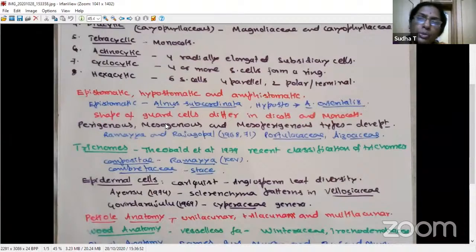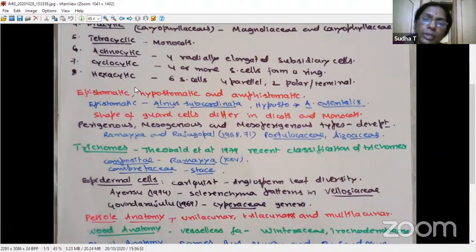We all know that in most xerophytic plants the hypostomatic condition is seen, with stomata on the lower surface to reduce transpiration. Similarly, epistomatic is the character of hydrophytes, where to avoid contact with water on the lower surface, stomata are much fewer there and more on the upper surface.